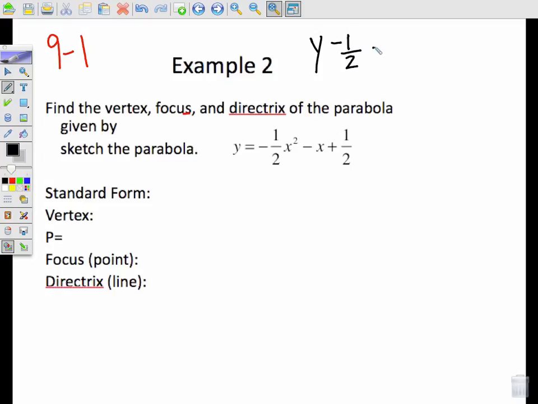And I have my negative 1/2 x squared minus x.